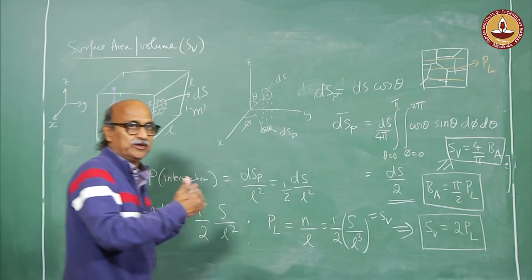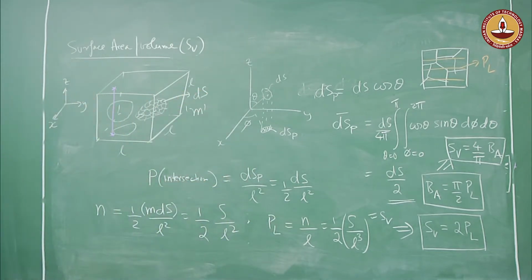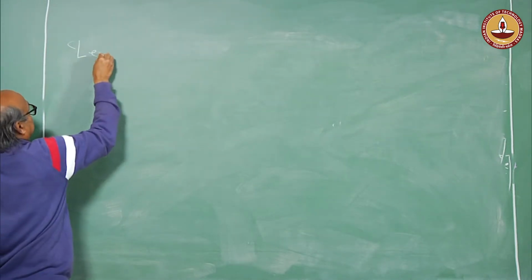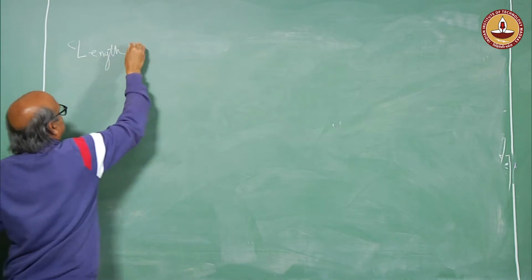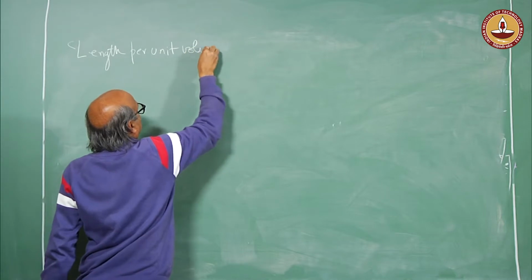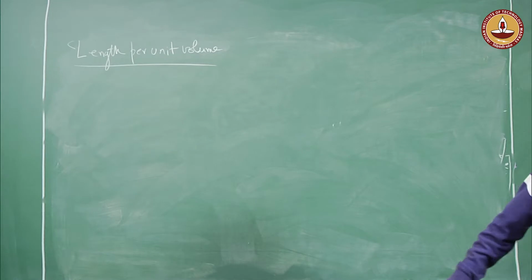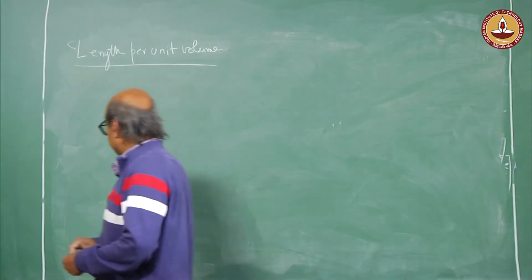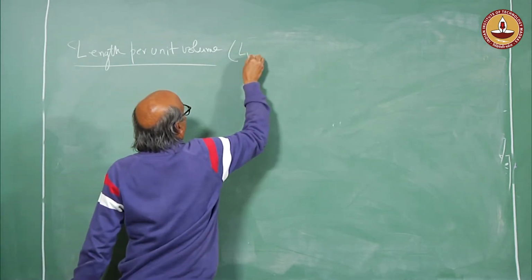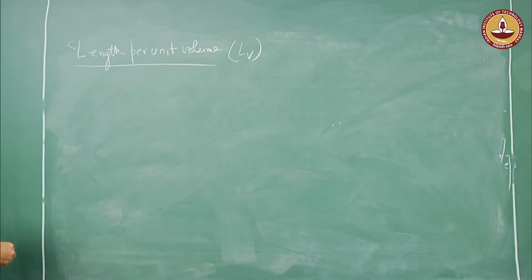Okay, so we have done surface area per unit volume. Now I want to do length density, or length per unit volume, the parameter L sub v.